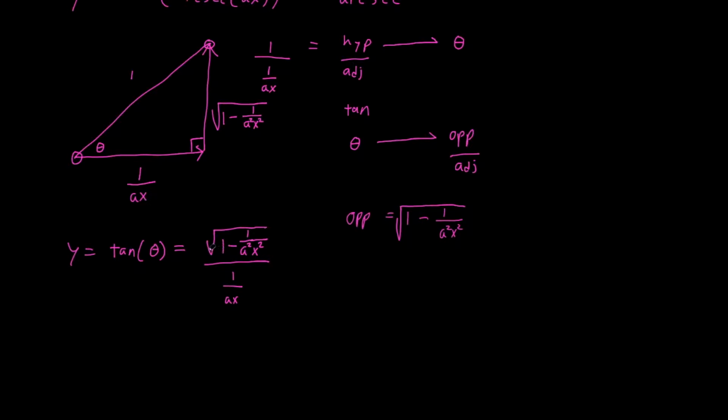We can multiply the numerator by the reciprocal of the denominator. We get ax times the square root of 1 minus 1 over a squared x squared.